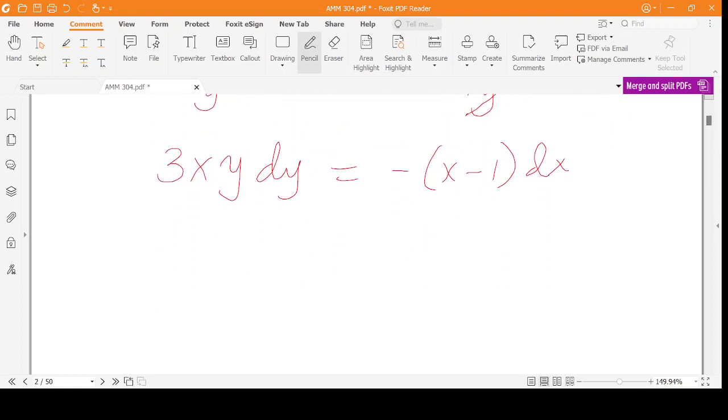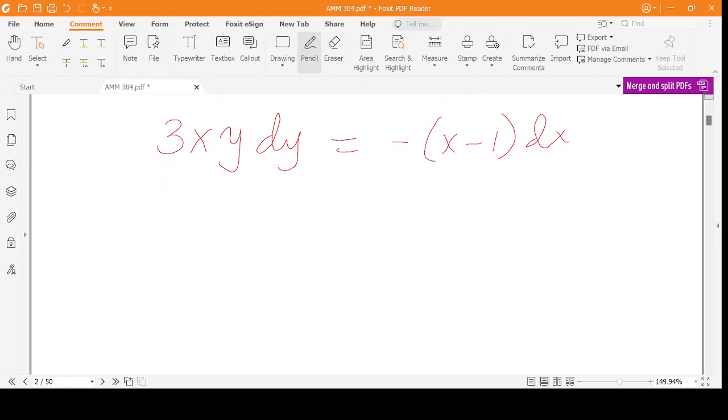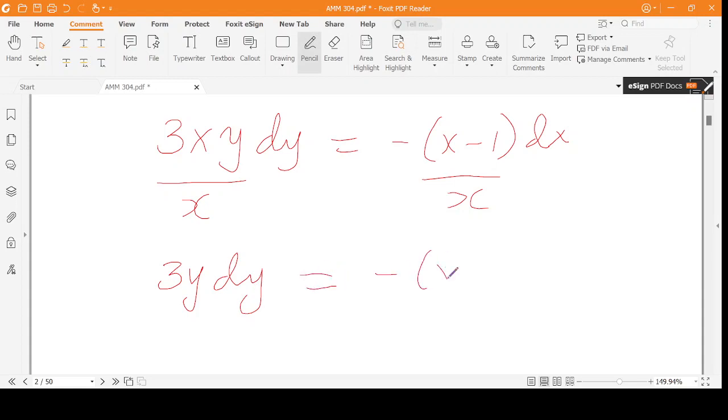At this point I can then divide both sides by x. So on the left hand side I will get 3y dy equals minus (x minus 1) divided by x dx.